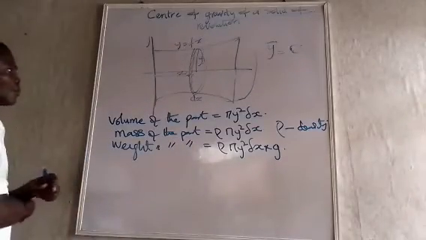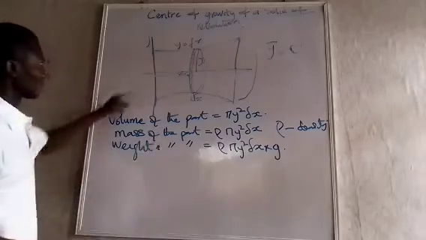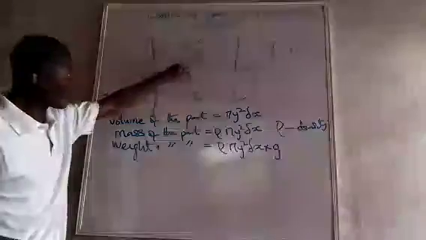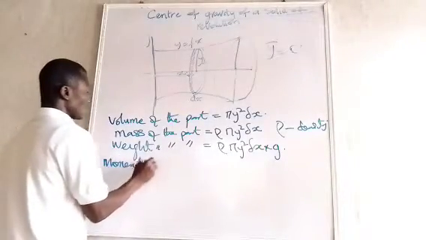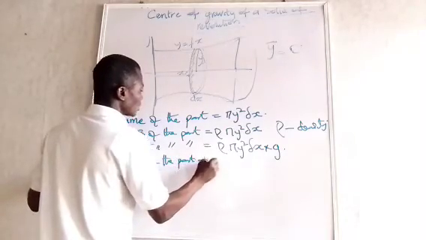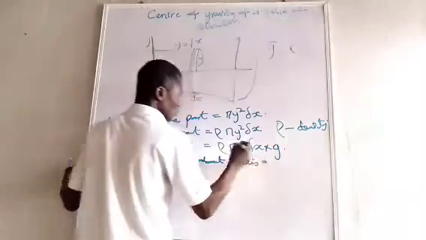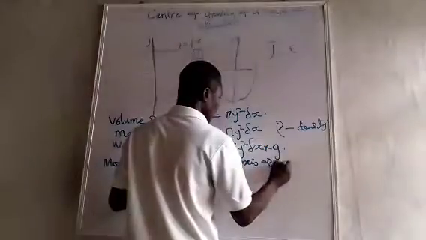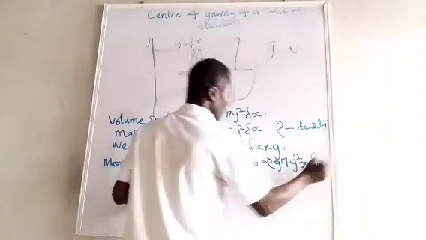Now, what will be the moment of this small part about this place? The moment of the part about the y-axis will be equal to rho g pi y squared x delta x.